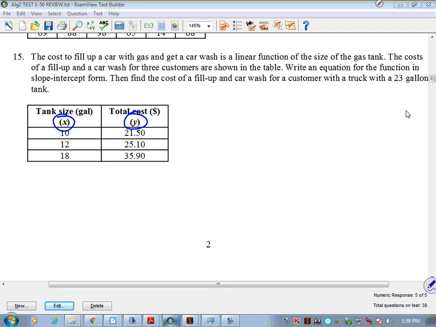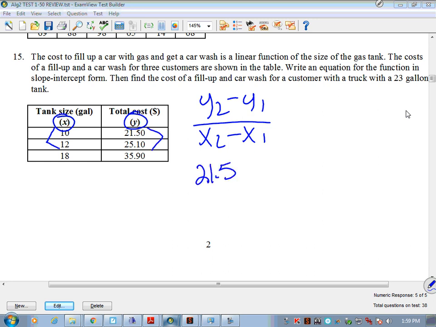The first thing I need to calculate something in slope-intercept form is a slope. We calculate slope as y2 minus y1 over x2 minus x1. Slope is rise over run. So let's do these guys right here: 21.5 minus 25.1 over 10 minus 12.